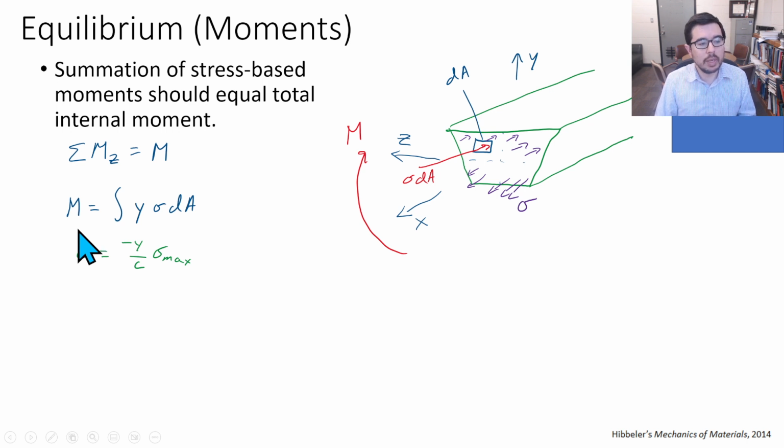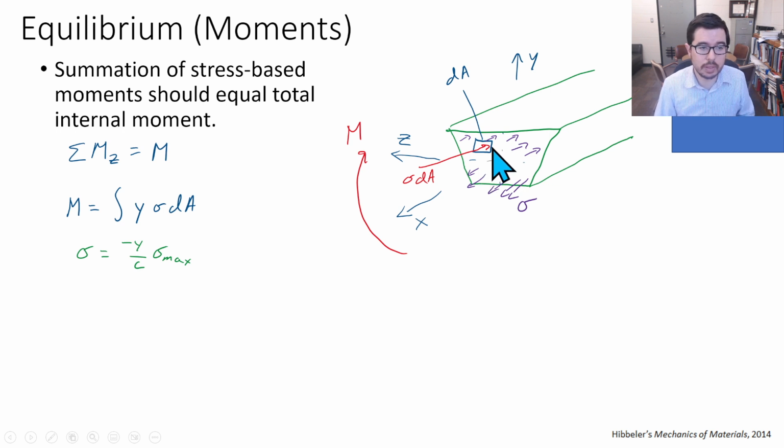Now, what do we do? Remember before, for the stresses coming out to forces, we just did the integral of sigma dA. But to figure out moments, what we can say is this sigma dA is some distance y, the vertical direction, above the neutral axis. And so it's going to be contributing a torque.